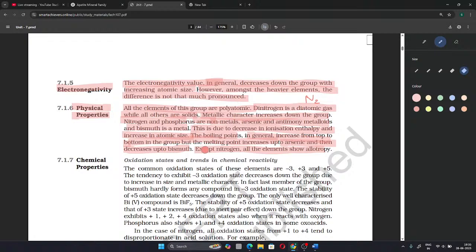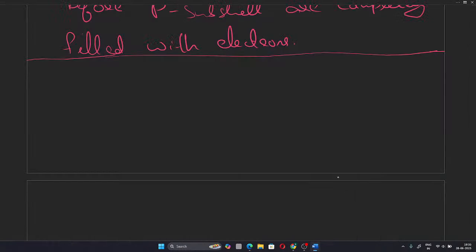And except nitrogen, all the elements show allotropy.